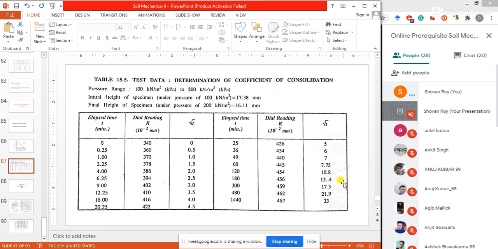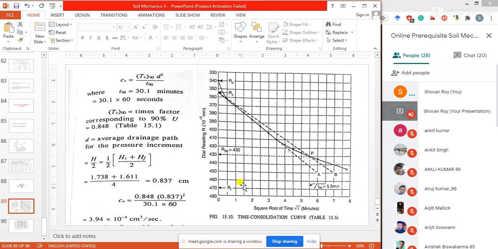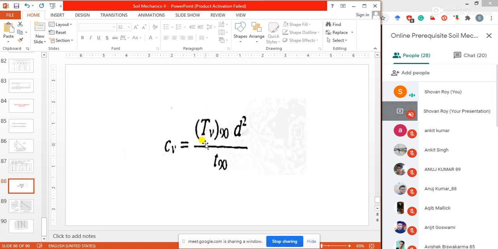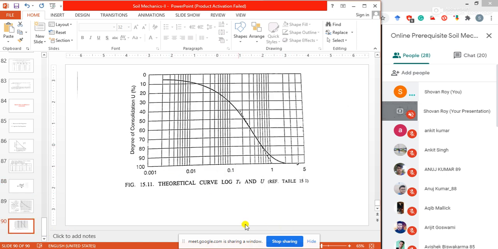These readings are needed to plot this graph, and from the square root of time fitting graph or from this logarithm graph, we can calculate the TV90 value, and when TV90 is available, we can calculate the coefficient of consolidation. So nothing is extra, just semi-log graph paper is used to find out the time factor value, the time factor at 90% degree of consolidation or compression.